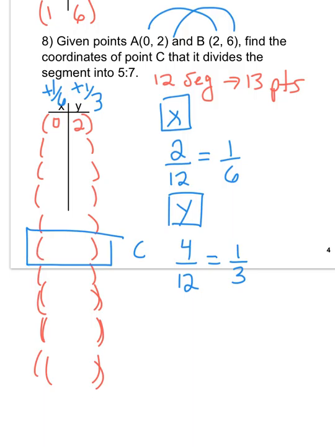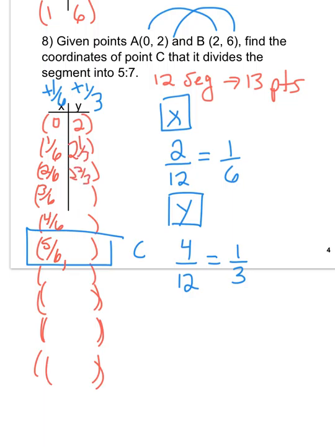So if we start adding 0 plus 1/6, we're going to get 1/6 plus 1/6. Just keep adding. That wasn't bad. Didn't need a calculator for that. And 2, we add 2 1/3. 2 2/3.